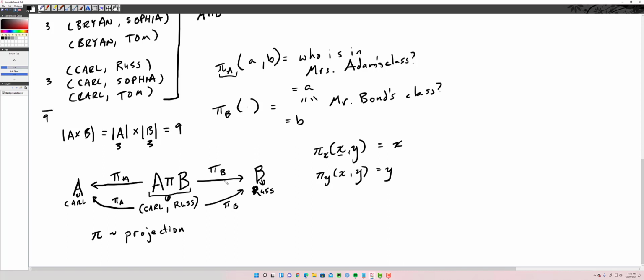So pretty simple stuff, but they're important maps. These are morphisms, so to speak, from this product object to the objects that made the product. And notice that the arrows are going from the product object to the objects that made the product.